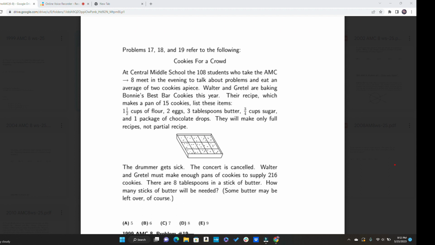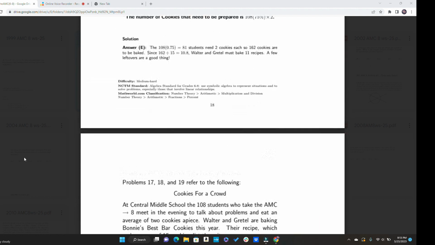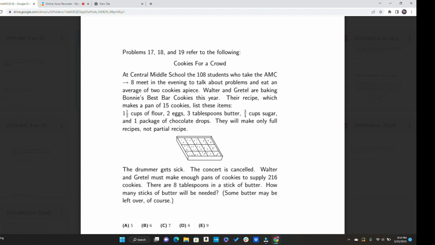So we know per recipe, there's 3 tablespoons, right? And so we know from the first problem that to make 216 cookies, that was 15 batches, right? 15 batches, and we need 3 tablespoons of butter per batch.